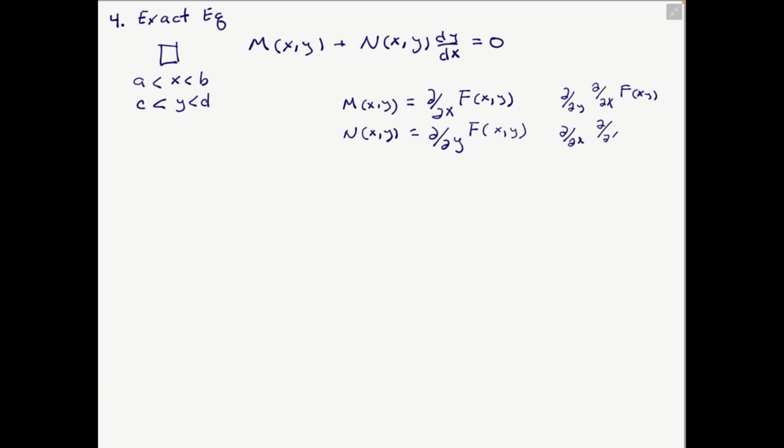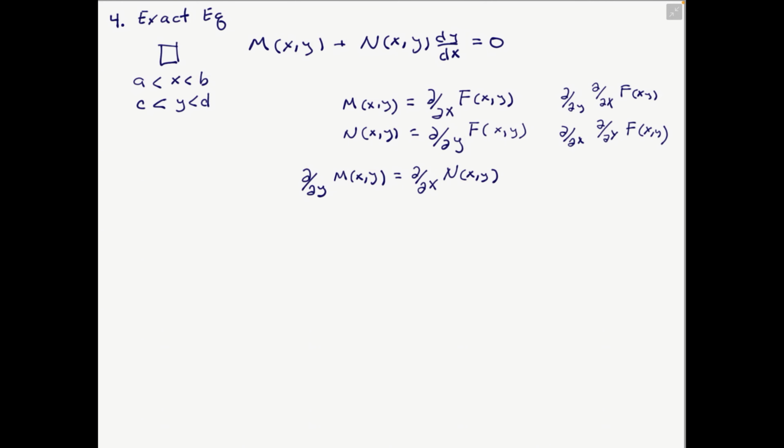Okay, so if we have an exact equation, we find that dy of dx of f of x, y is the same as dx of dy of the same function.